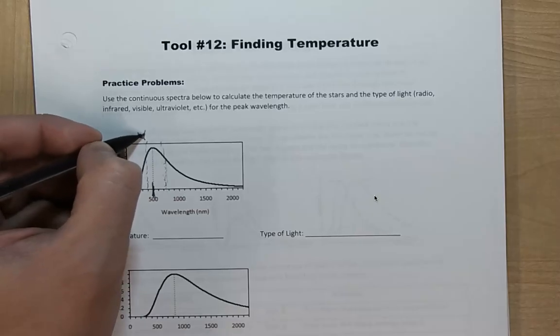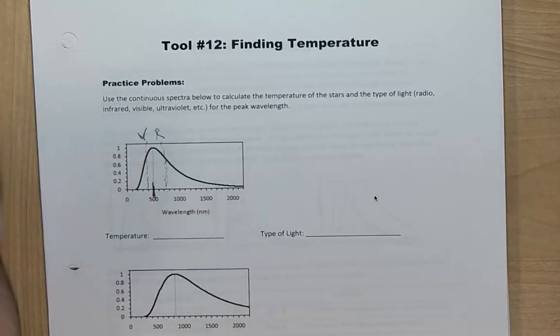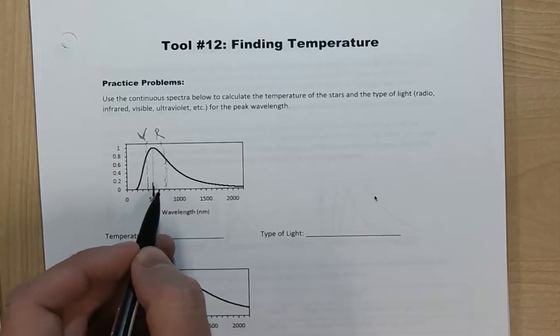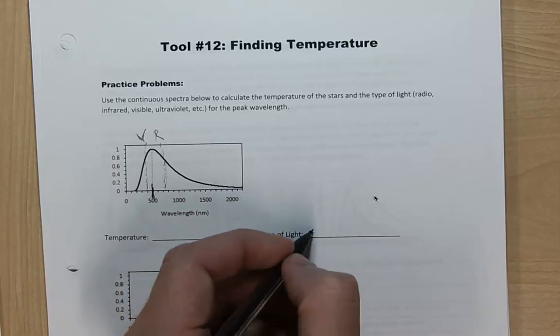Here's the violet end of the visible spectrum. Here's the red end of the visible spectrum. So, if this star is peaking at 500 nanometers, that's in the visible spectrum.